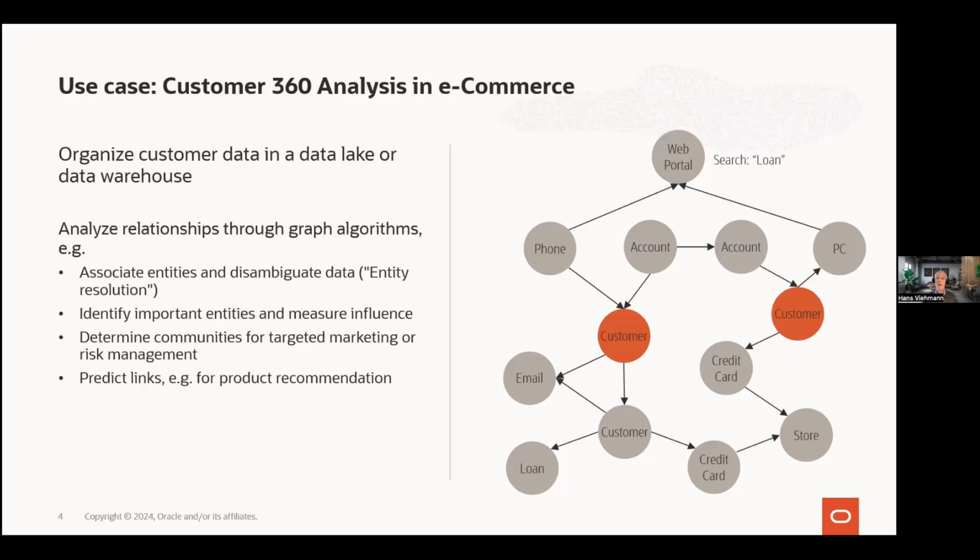Which can either help you to be more specific in your marketing activities, or it can help you to derive a more accurate risk score or what have you, right? So that would be a kind of customer 360 type of scenario, or a knowledge graph, as some people say.